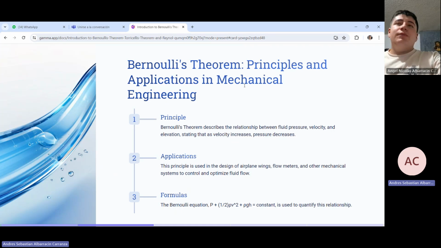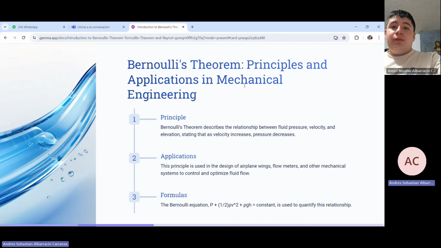We have an example where we can analyze the pressures in a fluid, in this case, for example, the air around a plane. In order for the plane to fly, Bernoulli's theorem works a lot. Of course, there are different kinds of physics involved, but Bernoulli's is there.